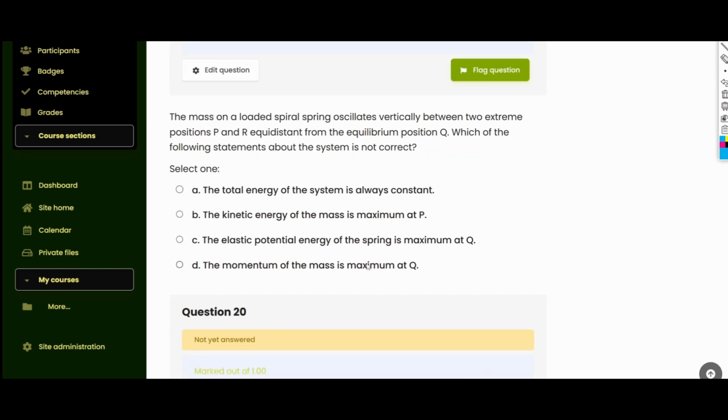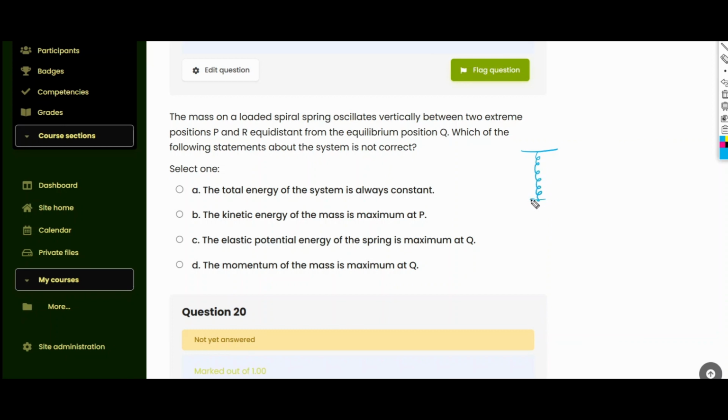The 19th question. The mass of a loaded spiral spring oscillates vertically between two extreme positions P and R, with Q the equilibrium position. Which of the following statements about the system is not correct? So we're looking at a vertical oscillation of a loaded spiral spring.